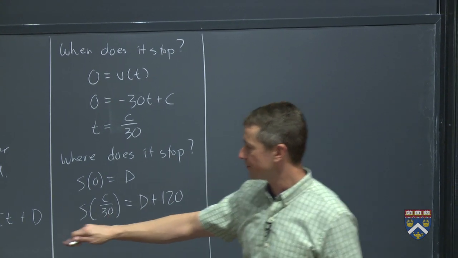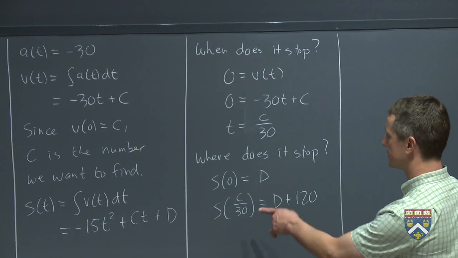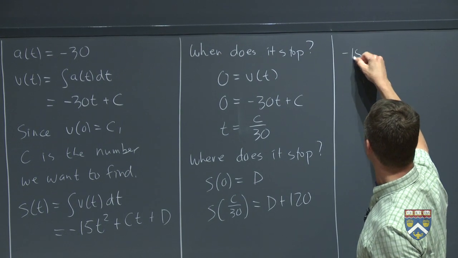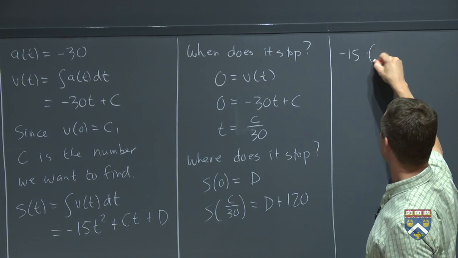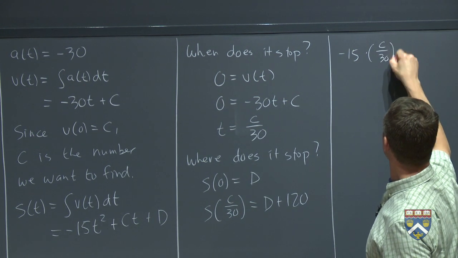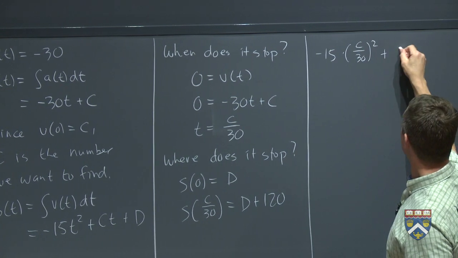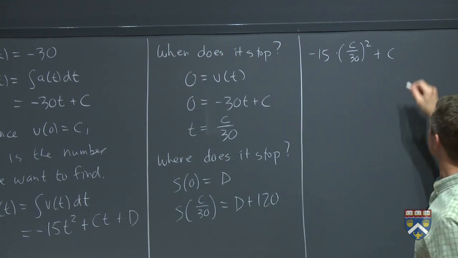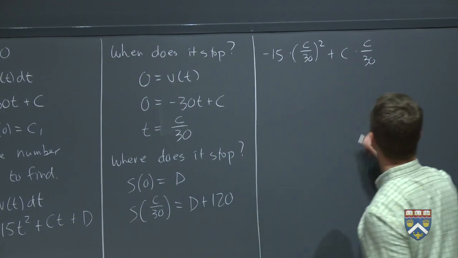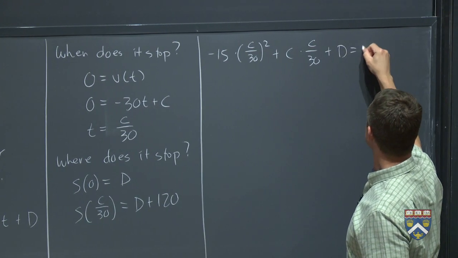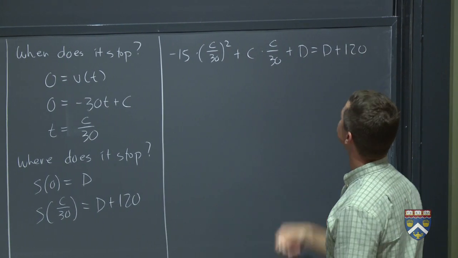So we can plug c over 30 into our formula for s here. This becomes negative 15 times c over 30 squared, plus c times c over 30, plus d, equals d plus 120.